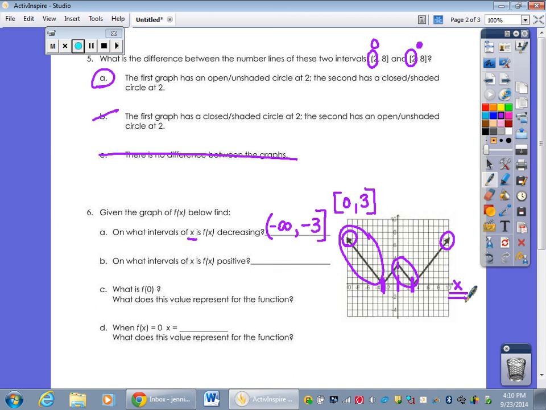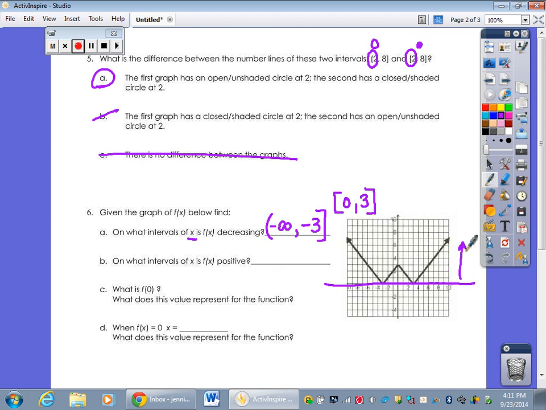Okay, part B said on which intervals of x is it positive. So we want y to be positive, which means that's the entire thing. The entire thing is positive, because if y is positive, that means it's all the numbers that are above 0, that direction. Those are all the positive y's.